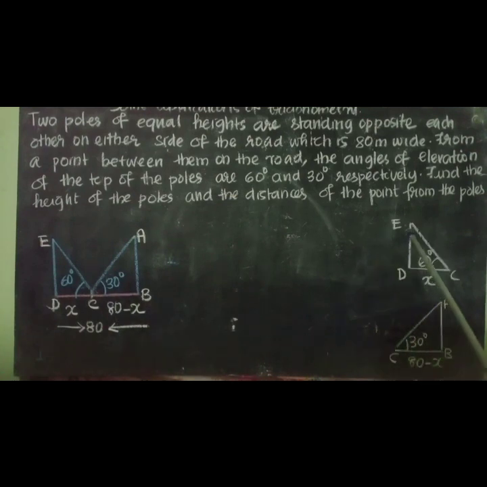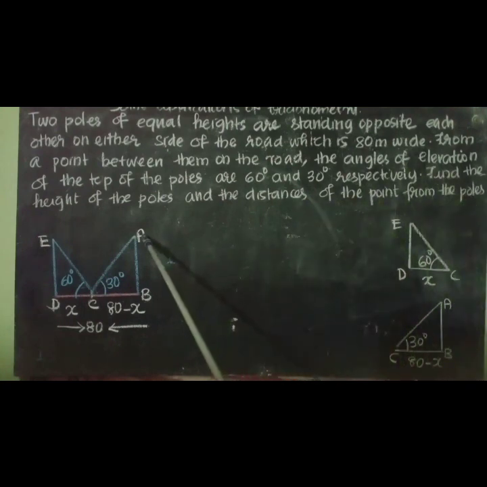The right triangles are triangle EDC with acute angle 60 degree and triangle ABC with acute angle 30 degree. The question is to find the height of the poles and the distance of the point from the poles.